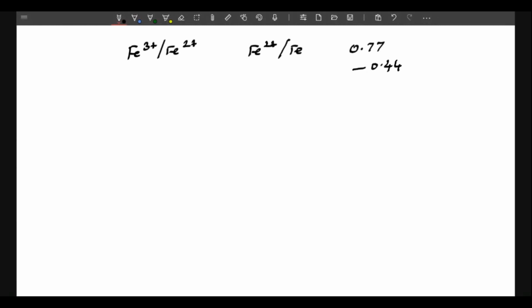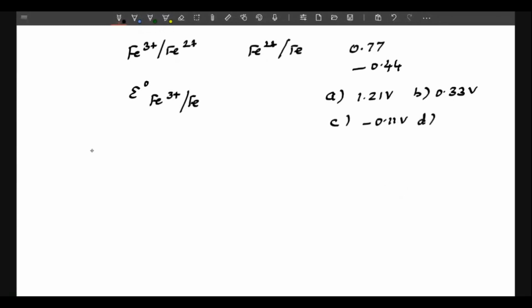That is correct, or rather 298 degree Kelvin. The epsilon naught of Fe3+ for Fe electrode at the same temperature is: A, 1.21 volt; B, 0.33 volt; C, minus 0.11 volt; D, minus 0.04 volt.